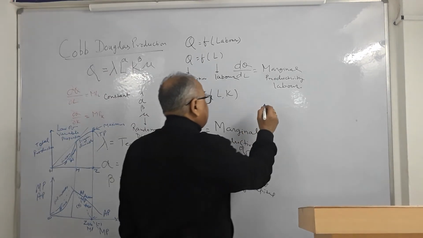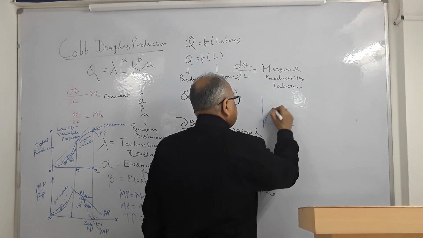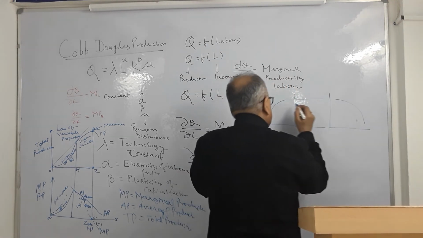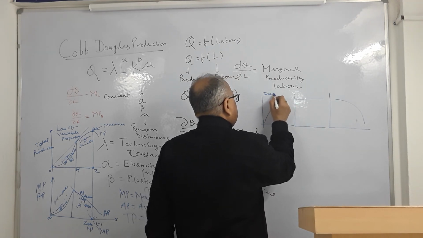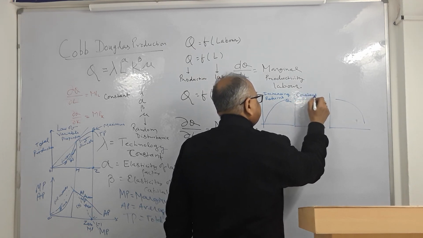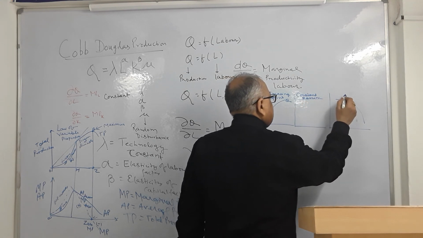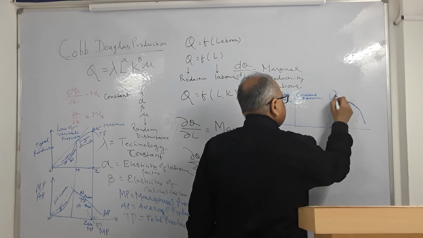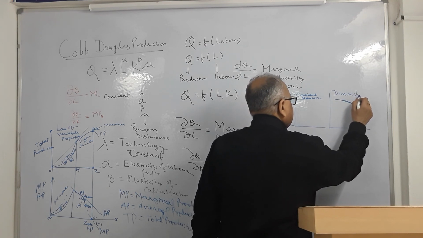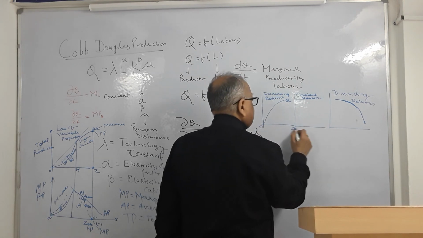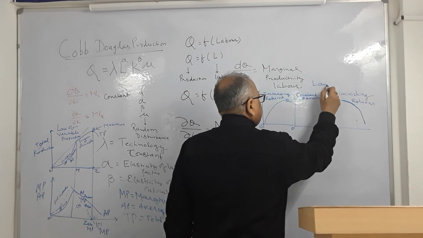But when we talk about returns, this is increasing return, this is constant return, and this is diminishing return. This is known as the laws of returns.